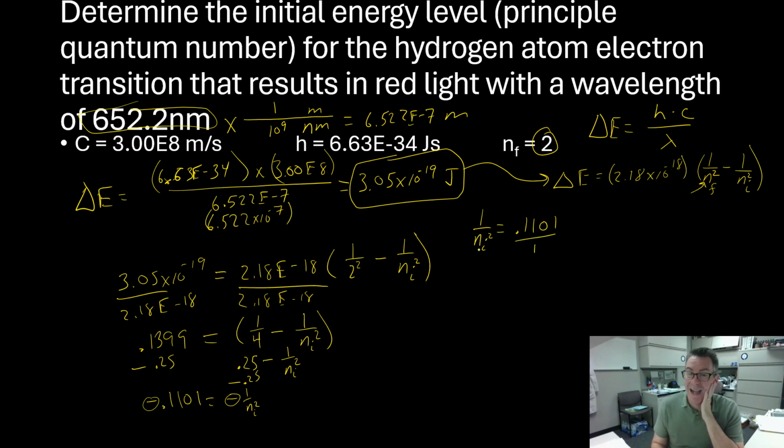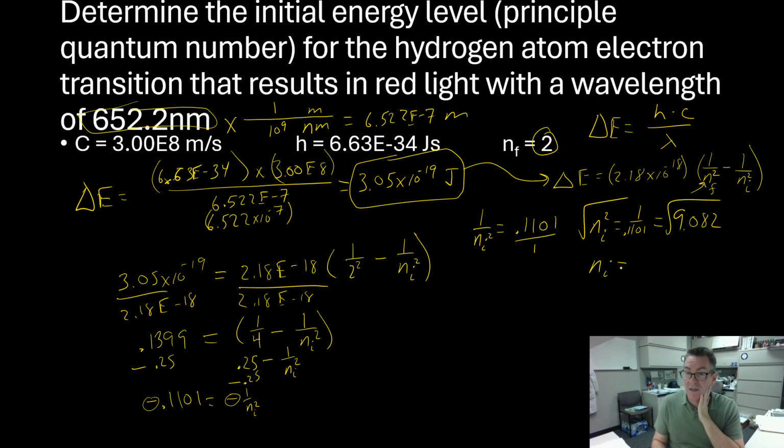So let's figure out what ni squared is, not just 1 over ni squared. So all we have to do is take the reciprocal of that. So ni squared is going to be equal to 1 over 0.1101. And when you do that, you get 9.082.